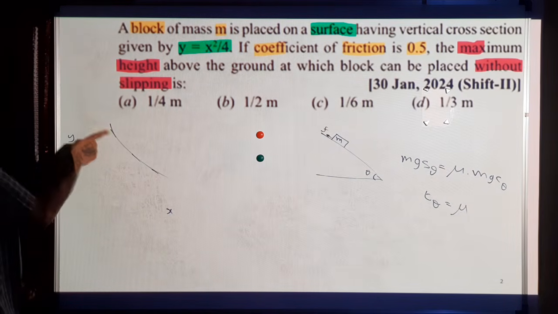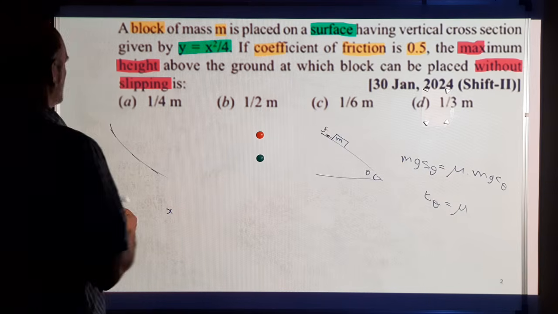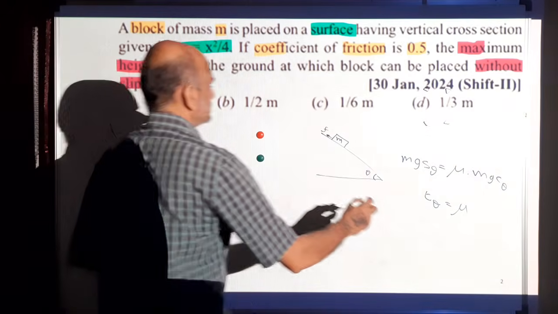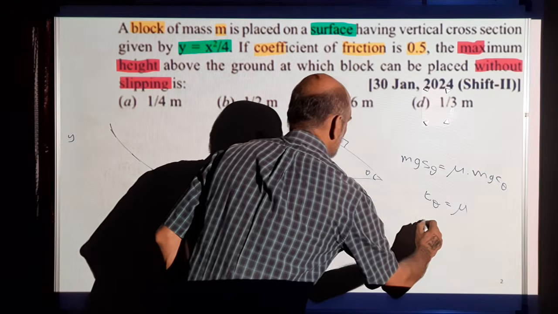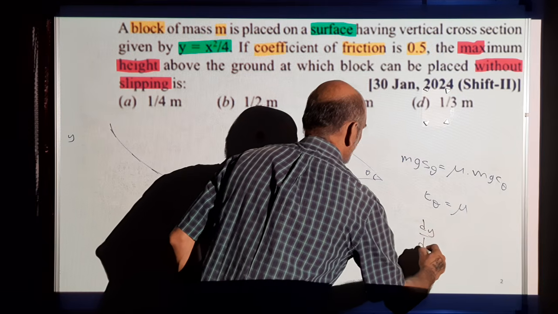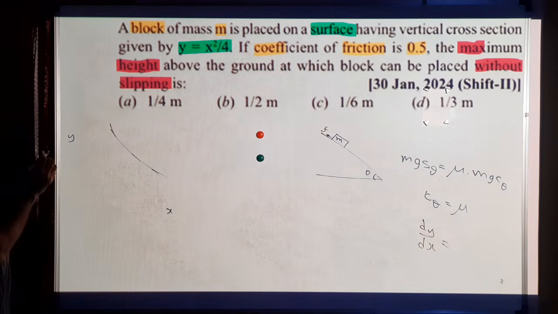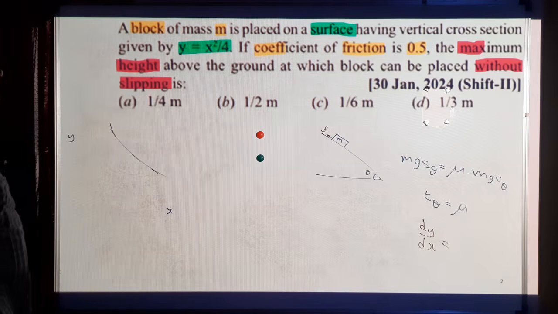So here the theta value is constantly increasing. So at a particular value of theta, it will match with mu, and this theta for this given curve is dy by dx. The inclination of this tangent can be found by differentiating this one.